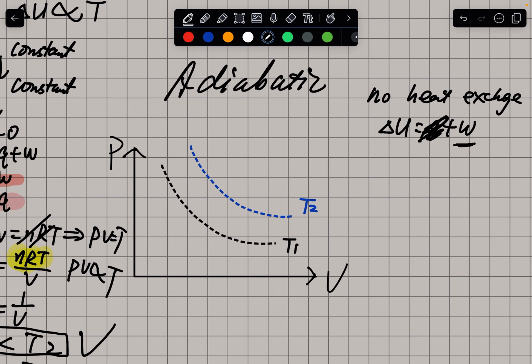This adiabatic process is basically work that is done really quickly, quickly enough without giving it enough time to exchange heat.